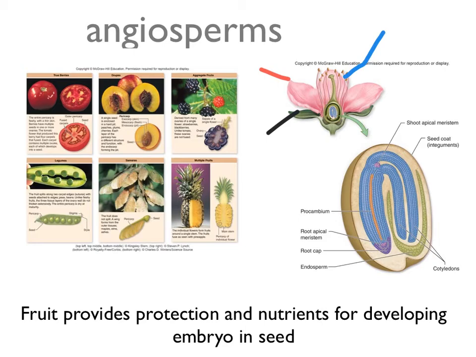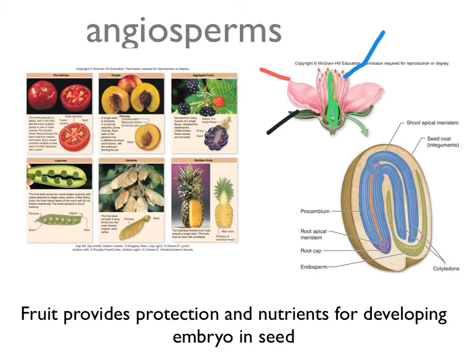This is the part that is the male structure, and this is the female structure. Okay? And then inside that female structure, we've got the endosperm, root cap, all this stuff, the shoot apical meristem from which everything grows, and the seed coat, and then the cotyledons.